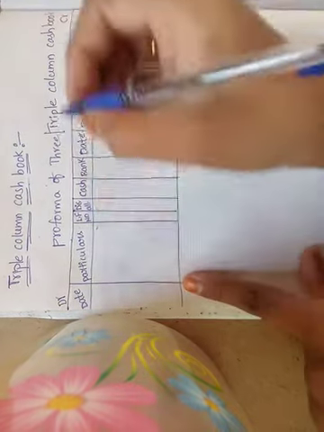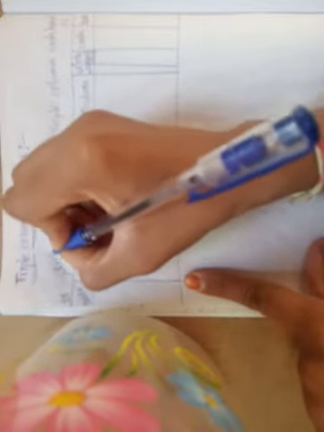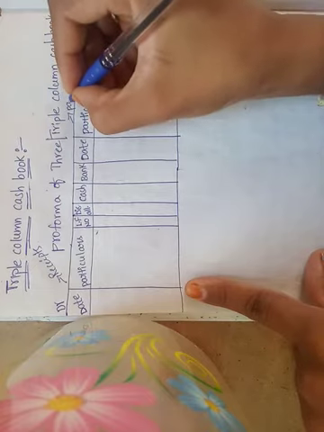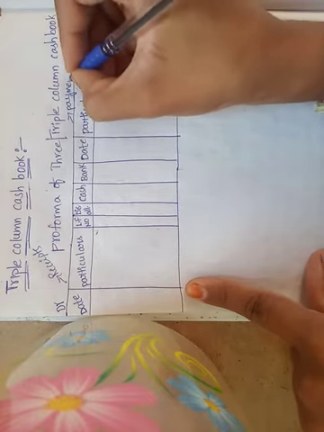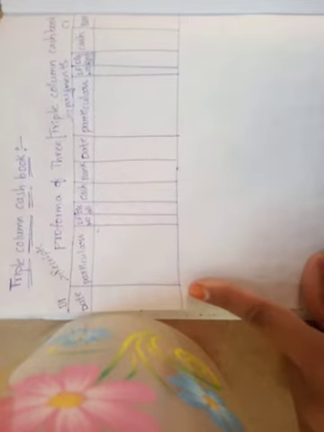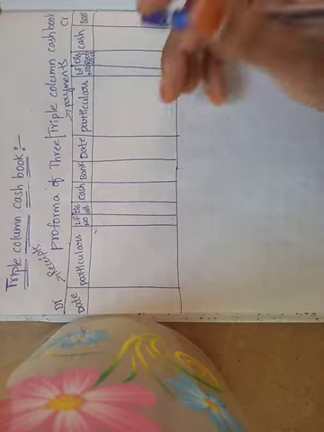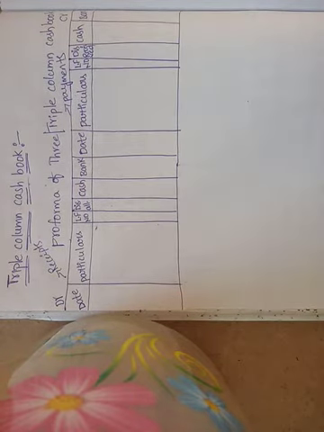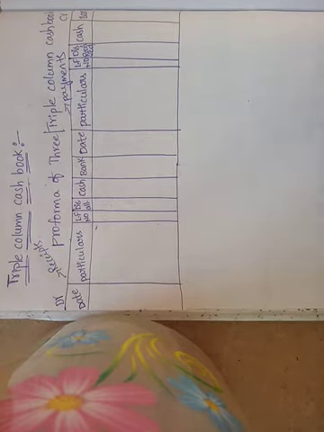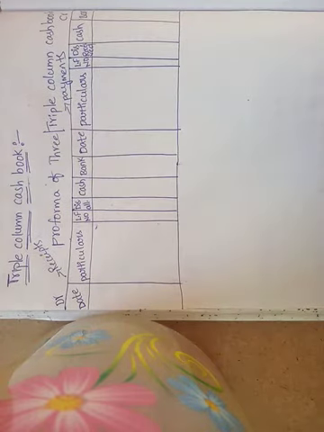On the debit side, what will be recorded? Receipts. Credit side is payments. Receipts, payments. Very, very important. Definitely in your final examination, one question will come on the triple column cash book.